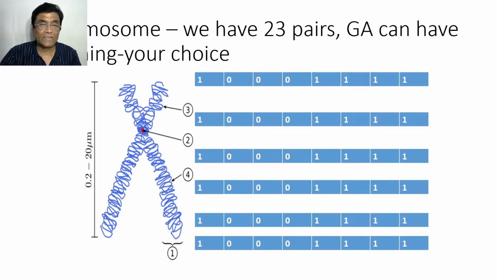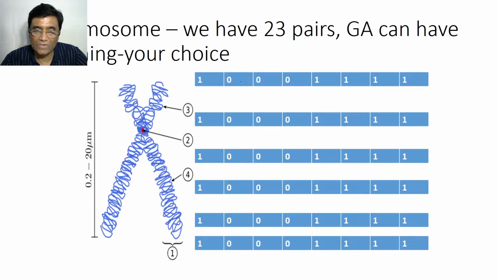So here you have seen some of the concepts; you already know that this is called a chromosome. Chromosome resides inside the nucleus, right? And we have 23 pairs. But for genetic algorithm, you can have anything of your choice. It could be a 4-bit chromosome, an 8-bit chromosome, or a 16-bit chromosome.